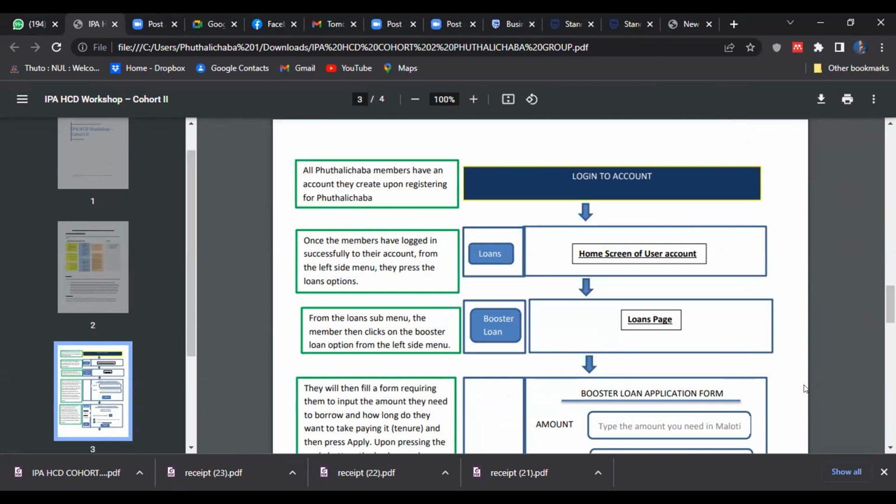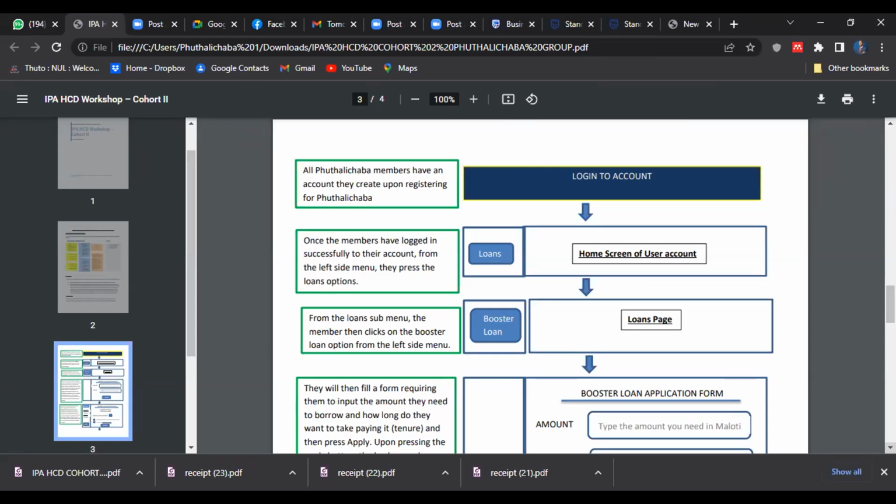For Phutalichaba, since it is a savings and credit, only the members are able to get access to loans. So to apply for a loan, you must be a registered member, and as a registered member, you must have your login details into your own account within our system.